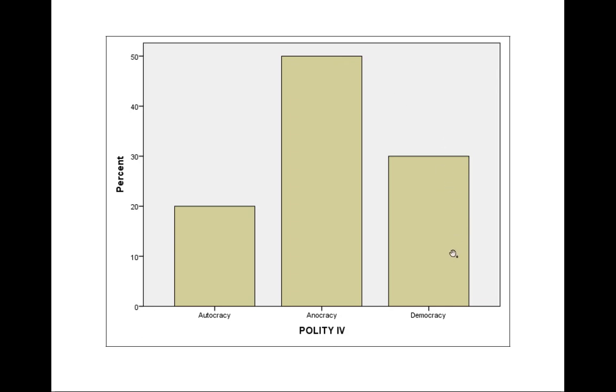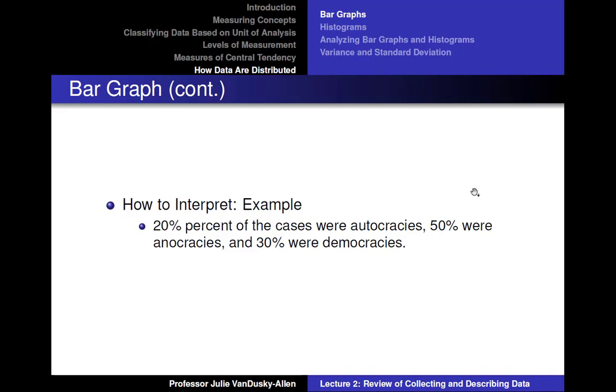And 30% of the observations were democracies, so this bar on top of democracies extends to 30% on the y-axis. To interpret this bar graph, we would say 20% of the cases were autocracies, 50% were anocracies, and 30% were democracies.